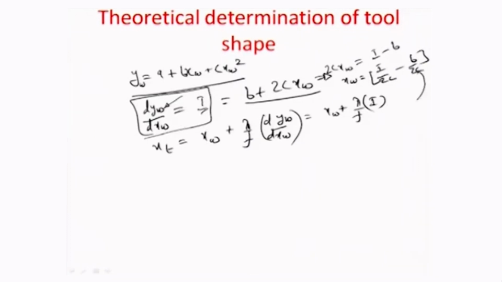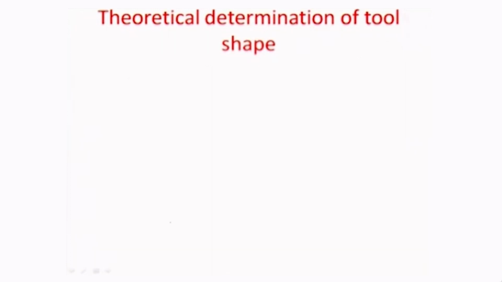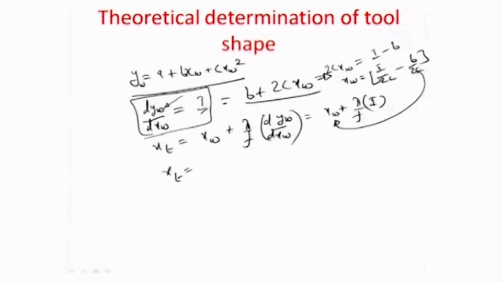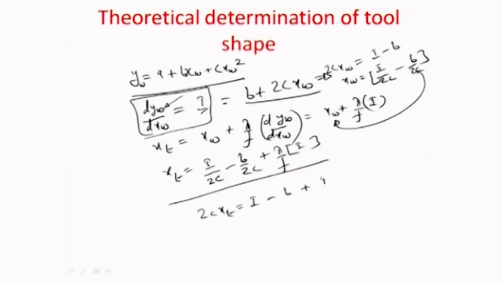If we put this value here, we get xt equal to I by 2c minus b by 2c plus lambda by f times I. Obviously, if we multiply the whole thing by 2c, we have 2cxt equals I minus b plus lambda by f times 2c times I, or the value of I in terms of xt comes out to be b plus twice c xt divided by 1 plus twice c lambda by f.